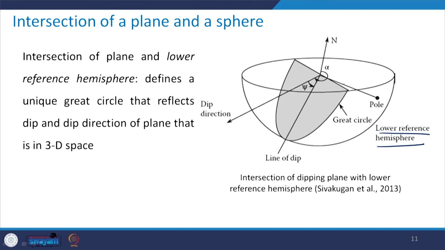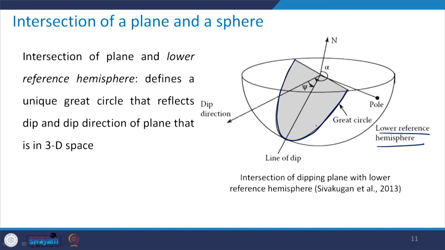This is the plane of the intersection. So, how to define this? This is defined by this unique great circle, and since we are taking only the lower portion of the reference hemisphere, the remaining half is lying in the upper reference hemisphere and we are not going to consider that. So, focus here.